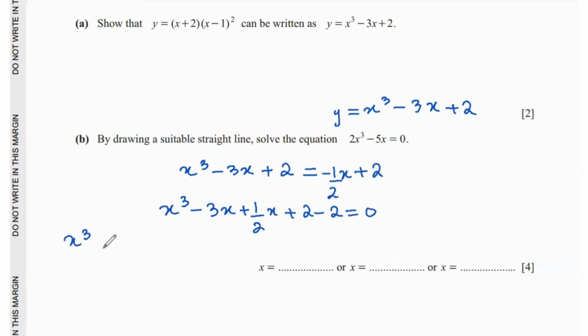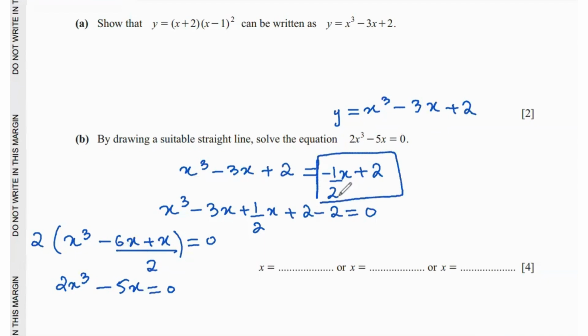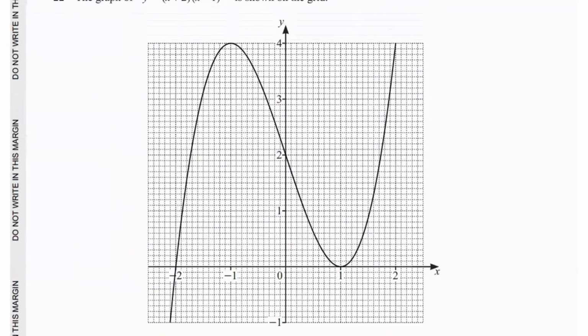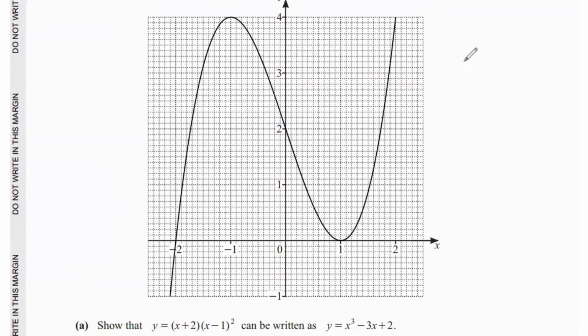That's going to be x cubed minus 5x over 2 equals 0. Multiply the entire thing by 2. That gives us 2x cubed minus 5x equals 0, which is the same thing as in the question. So this is the line that we'll draw on the graph to get the values of x. So y equals minus 1 over 2 x plus 2.